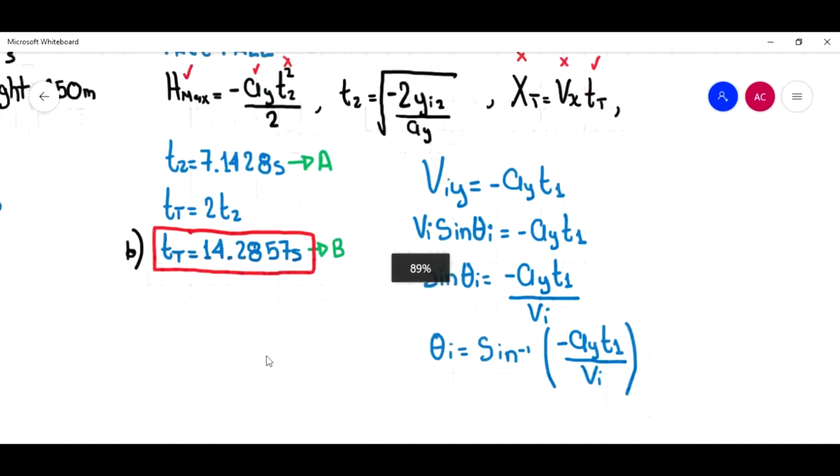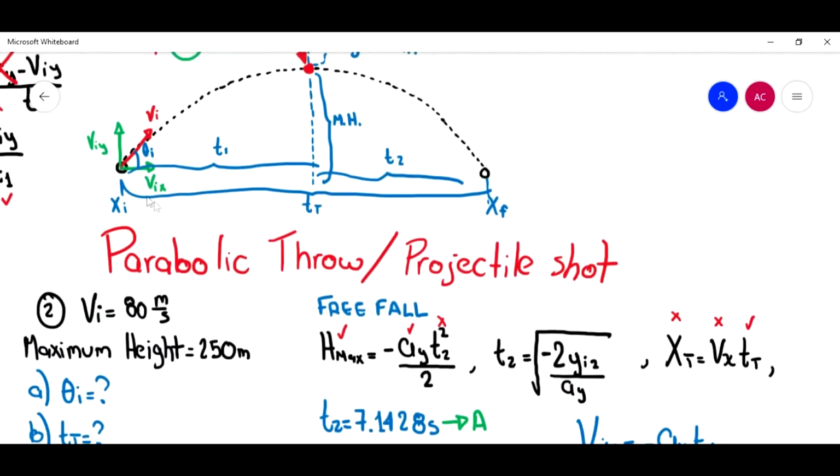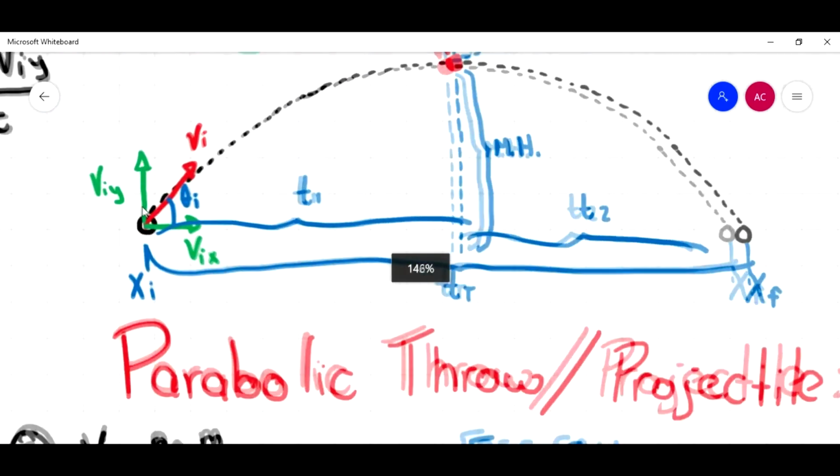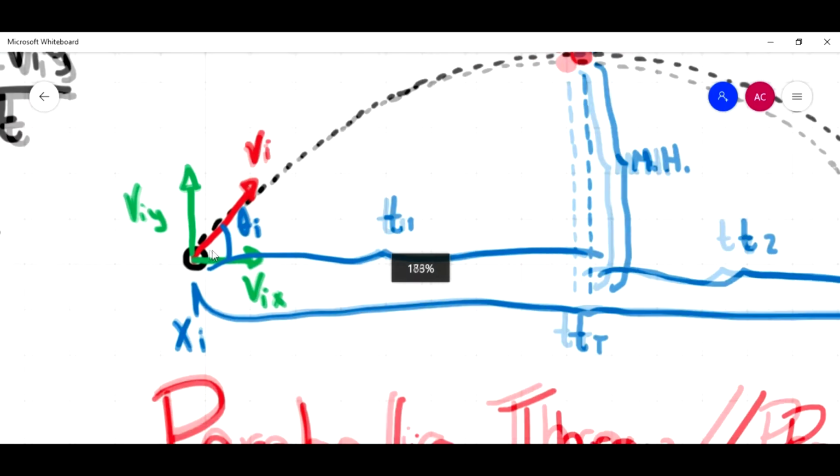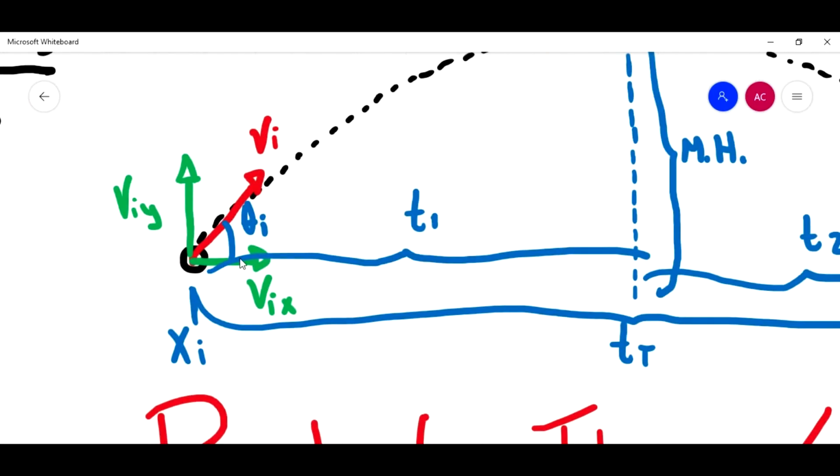Just before I continue, remember that in order to find the angle, we are finding the total angle, the angle that is measured from 0 degrees. And this is something we saw in the first videos of our playlist. In order to find the total angle, we need to identify which quadrant we are working with.